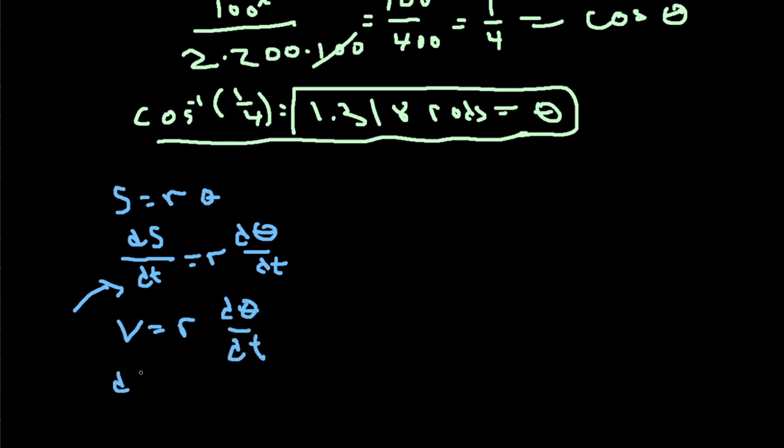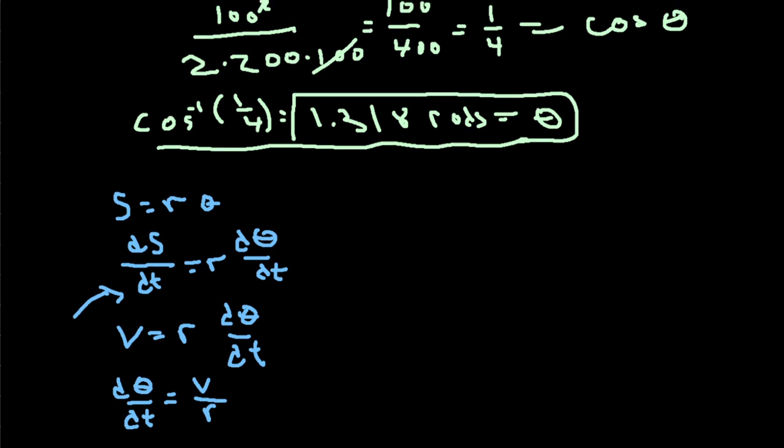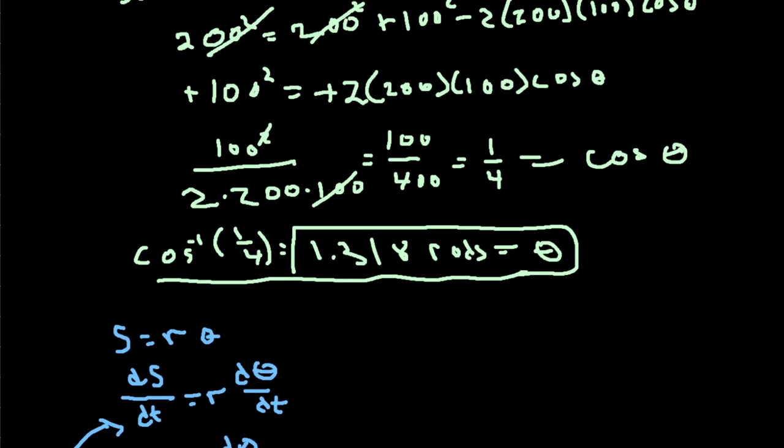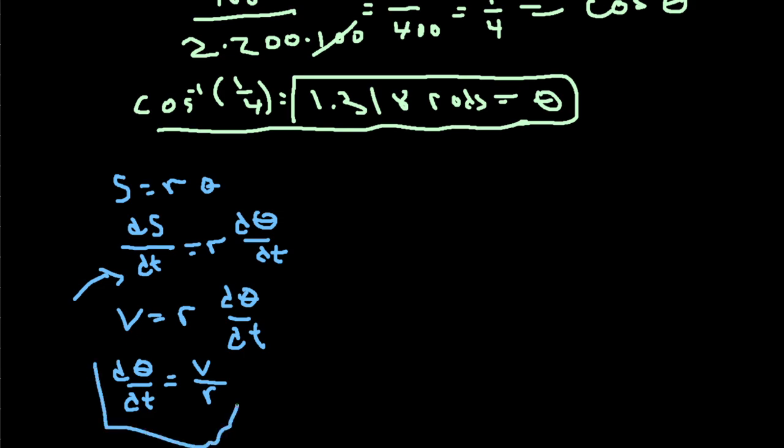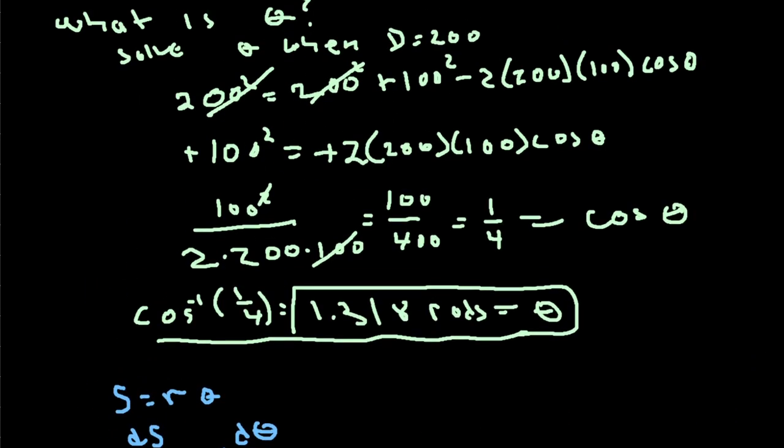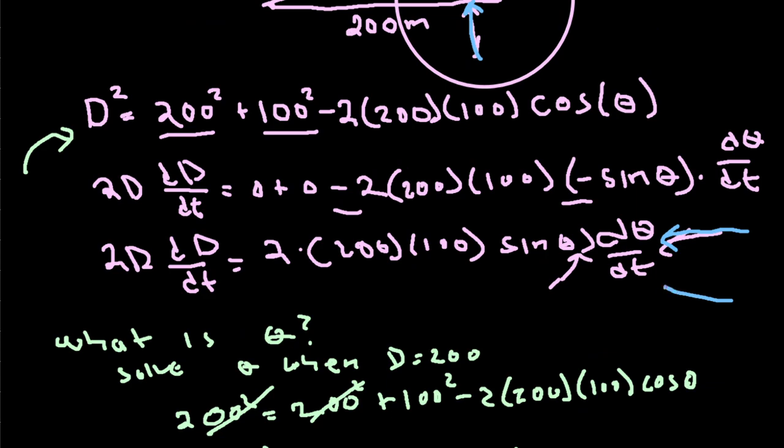So we could rewrite d theta dt as v over r, which is great. That gives us constants to work with. So now that I have d theta dt, we can go and look at the last line that we were left off with over here. And then we could just go ahead and plug in for v over r.